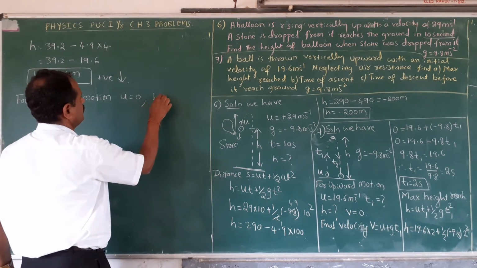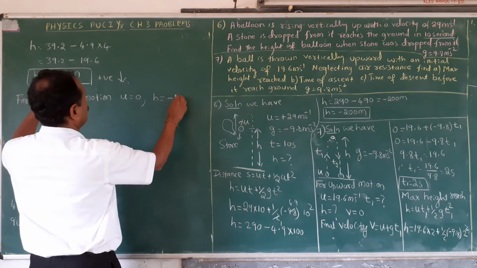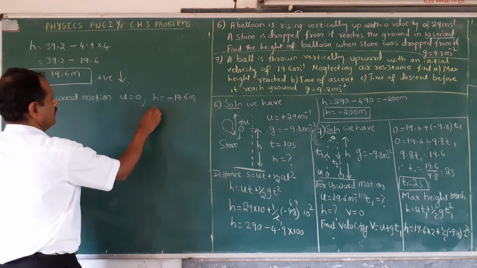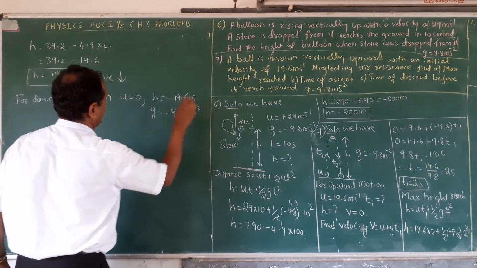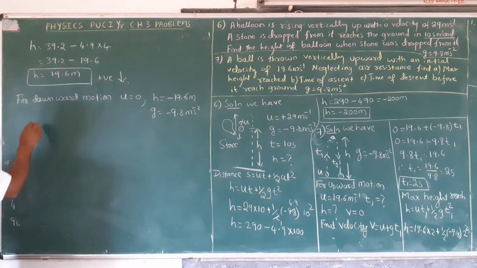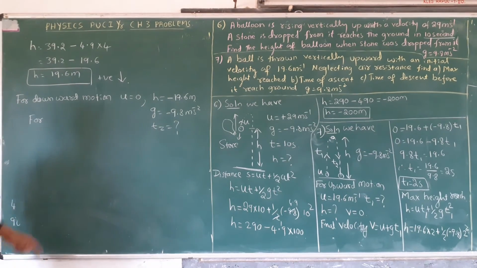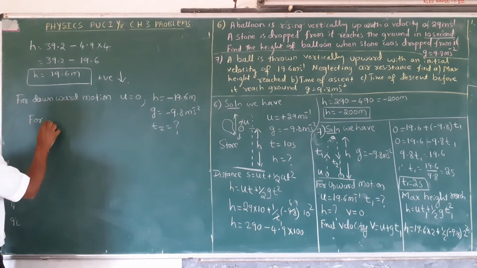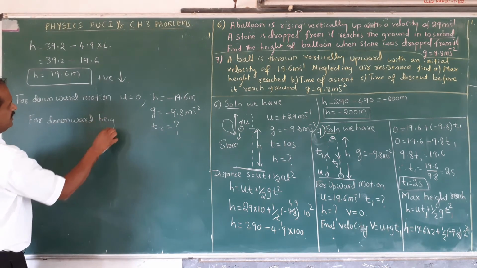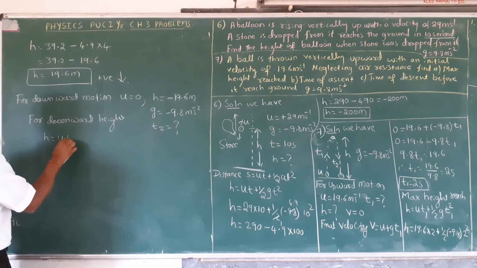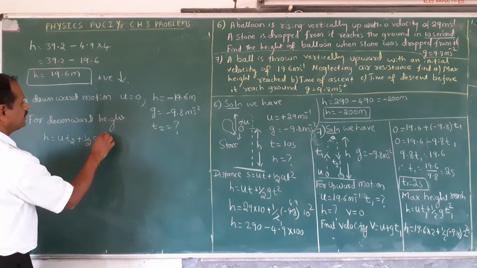Now h you have to take minus here, downward height. H once you got 19.6 meter. G you have to take minus 9.8 meter per second square. For downward height, T2 is time taken, that is h is equal to u T2 plus 1 upon 2 g T2 square.